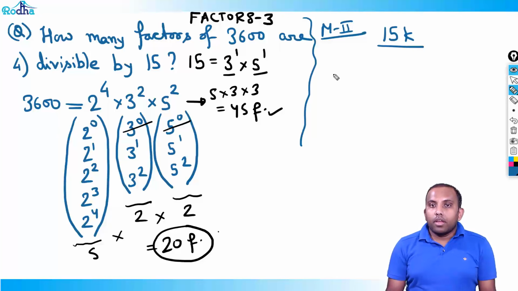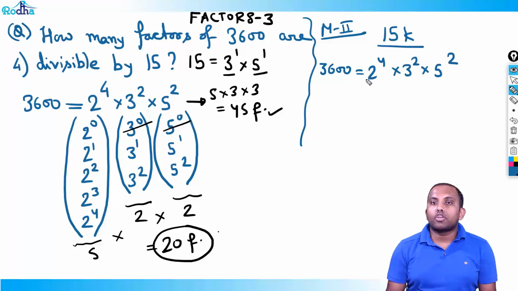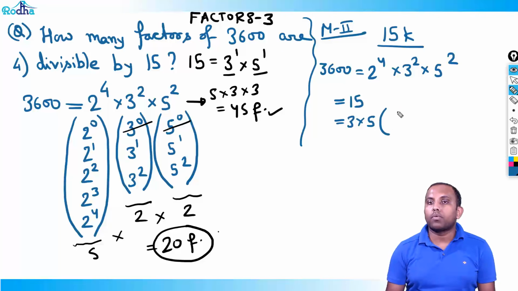If 3600 is written as 2 raised to 4 into 3 square into 5 square, the factors have to be multiples of 15. So I'll take 15 as common. 15 means 3 into 5. After taking 3 into 5 common, inside the bracket we get 2 raised to 4 into 3 raised to 1 into 5 raised to 1.